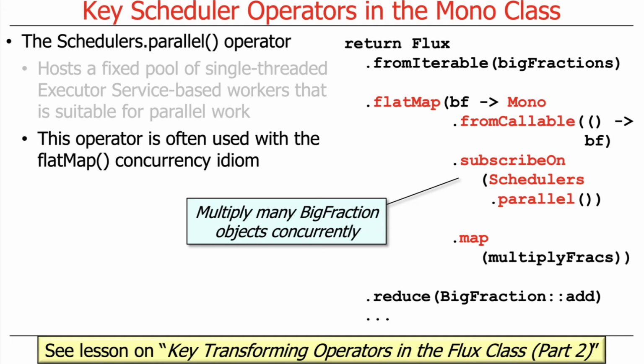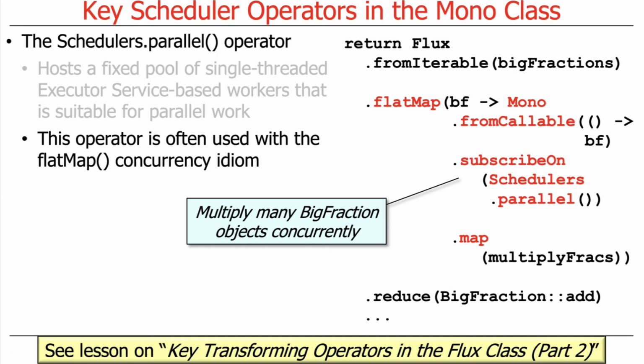And what we're going to do in this simple example, which we'll look at later, is take a BigFractions list, and turn that into a Flux of BigFractions. And then we're going to apply this flatMap method, which is a bit like the flatMap method you are accustomed to from Java parallel streams, with a few little tweaks that make it more useful. Because remember, Java parallel streams flatMap isn't very useful in a parallel programming context, but in Project Reactor and RxJava, it is very useful in a parallel programming context.